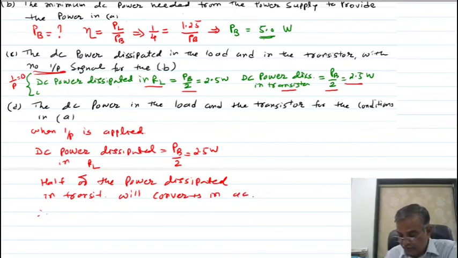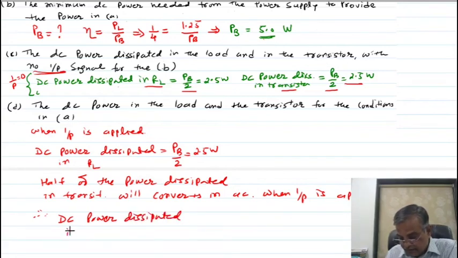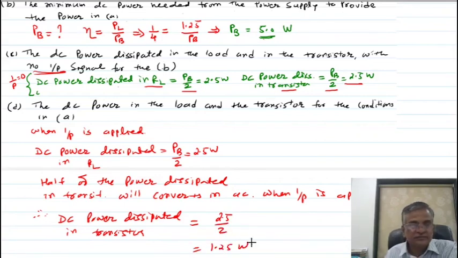Therefore, when input is applied, we can write the DC power dissipated in the transistor is equal to 2.5 by 2, which means 1.25 watt.